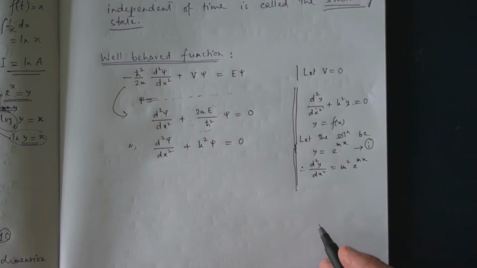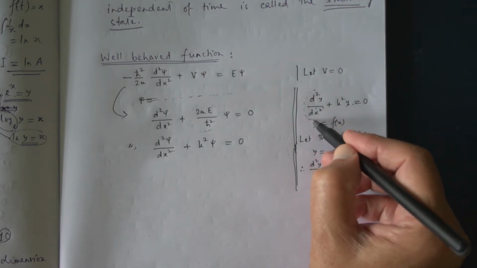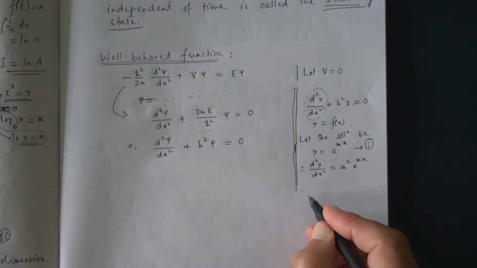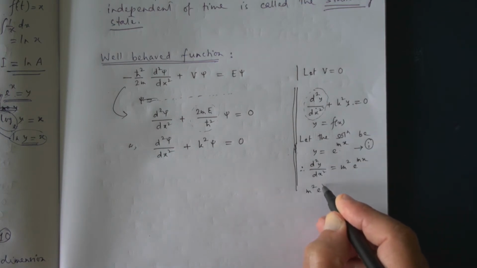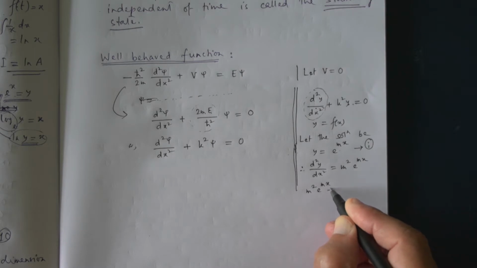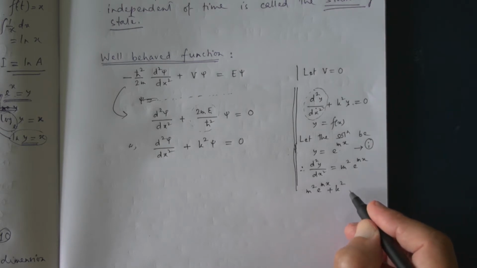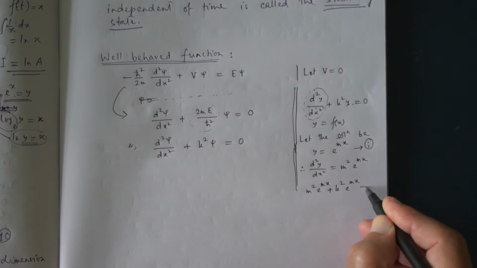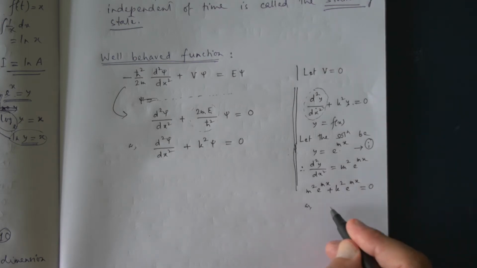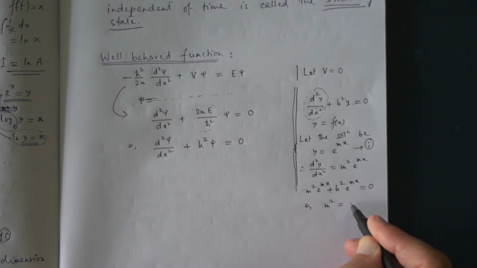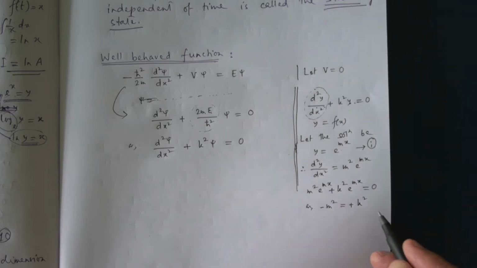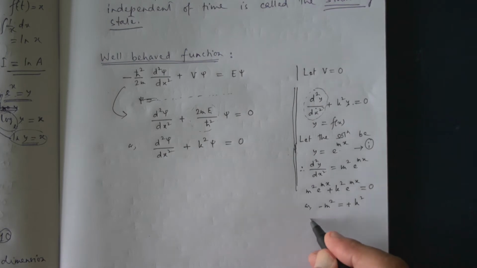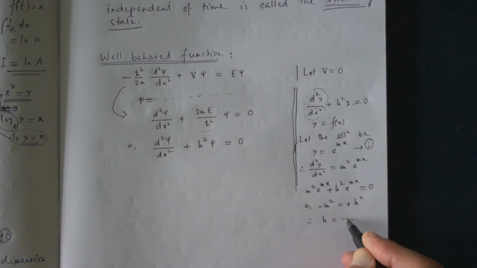Replacing this here, we get m square e to the power mx plus k square e to the power mx equal to 0, or m square equal to minus k square, or k square equal to minus m square. So k equal to plus minus i m.